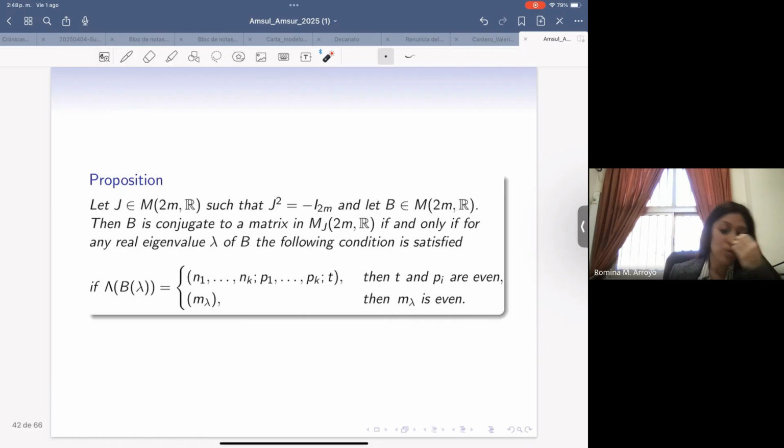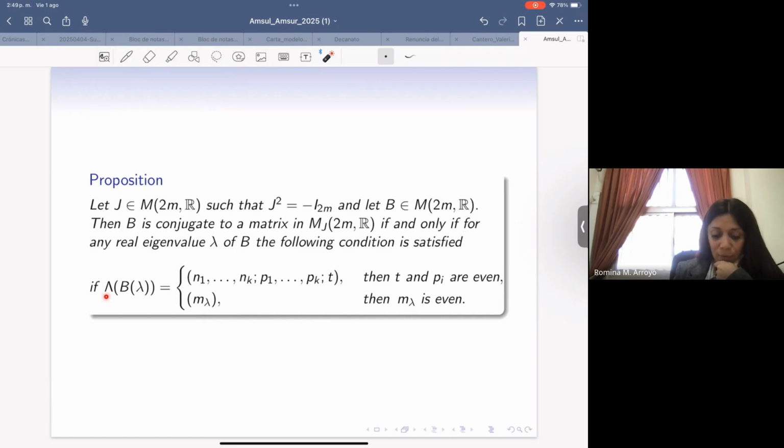And again, we need to understand what happens with matrices commuting with this J_m, or commuting with some J satisfying this equality. In this case, the characterization of this set is this one. V is conjugate to a matrix in the set that we are interested in if and only if, for any real eigenvalue of B, the following conditions are satisfied.